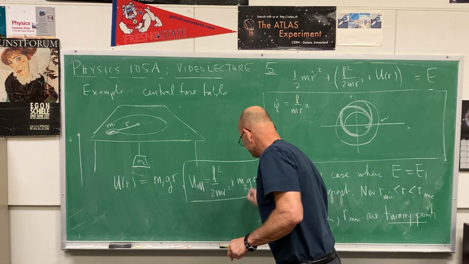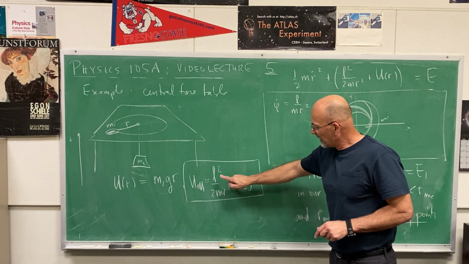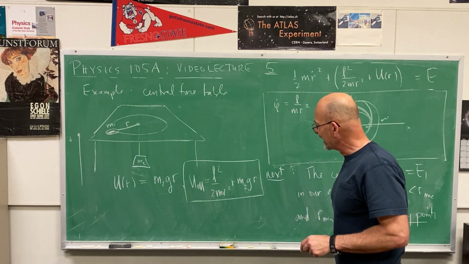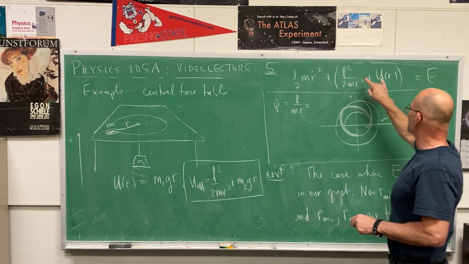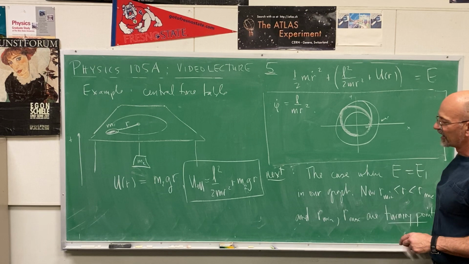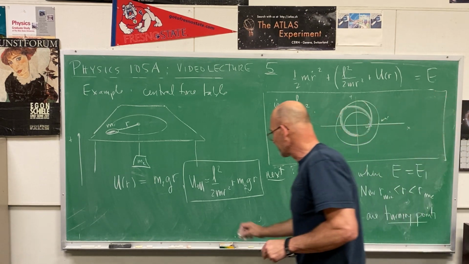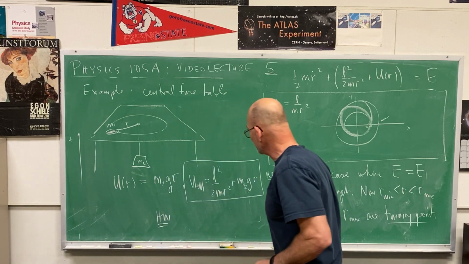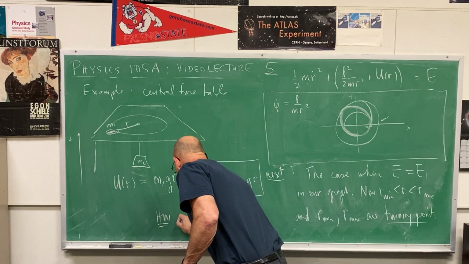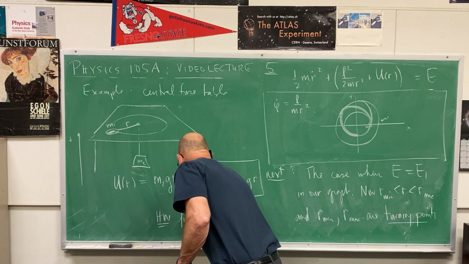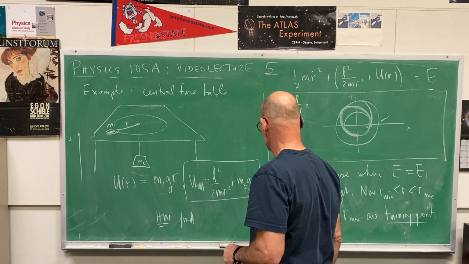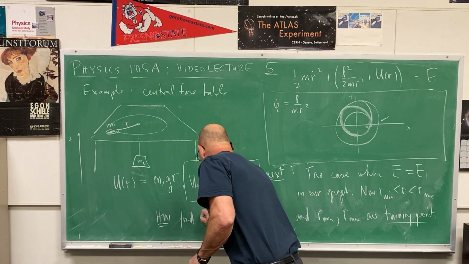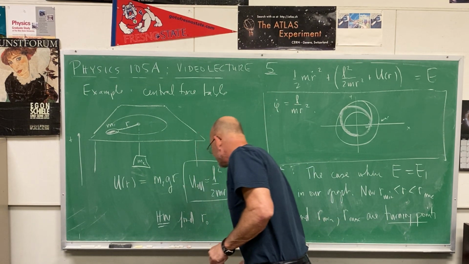And again, L is a constant here, constant angular momentum. The energy would be this plus this equals that, would be the energy. So, just to get the ball rolling on this one, how about we just find R sub 0.